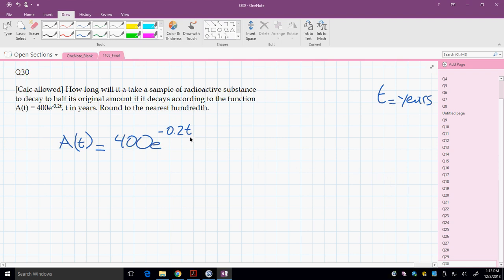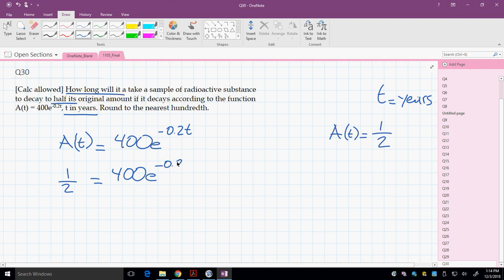Decay to half, that's the key here. Half of it means dividing it by 2. And this symbol is the original amount. So we're going to substitute our A of t by half. We go to the original function, substitute this by half, and then we have to solve for t because that's what we're looking for. How long will it take? That's the question, in years.